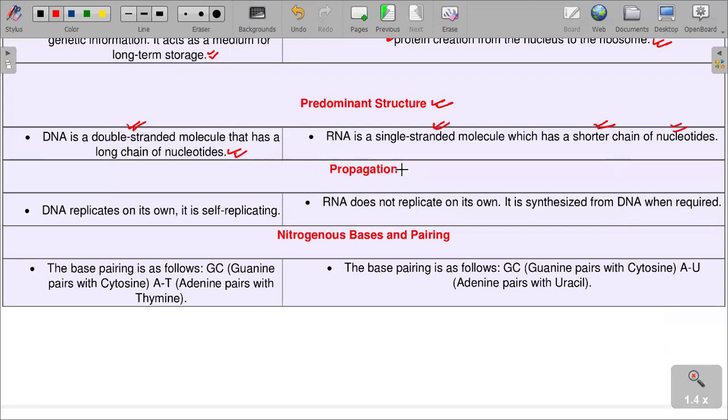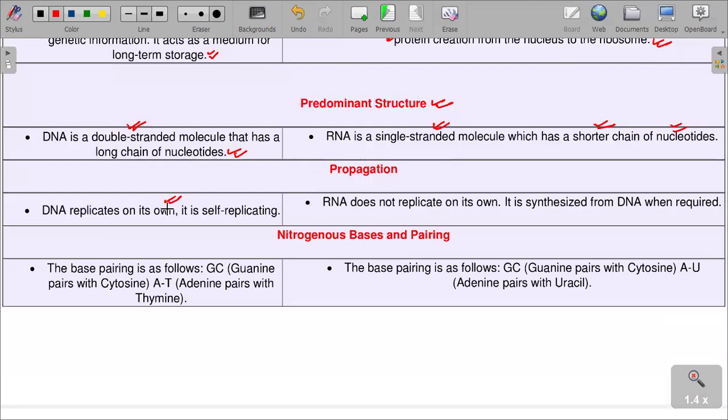Propagation, we are talking about the formation of it or the spreading of it, the propagation of either DNA or RNA. So what we need to look at again and understand is that DNA replicates on its own. I have got the previous presentation in which I explained replication, DNA making a copy that is identical to itself.